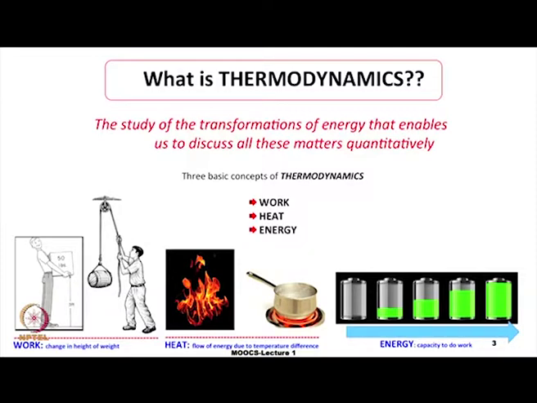The one on the rightmost side has the maximum capacity to do work. Similarly, if we take an example of a spring, when the spring is wound completely, it has the maximum capacity to do work. When the spring is unwound, it does not have a capacity to do work. So, energy is the capacity to do work.